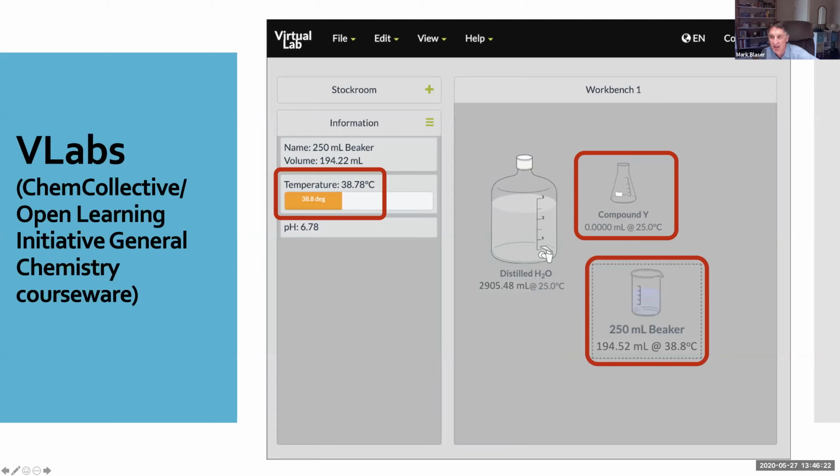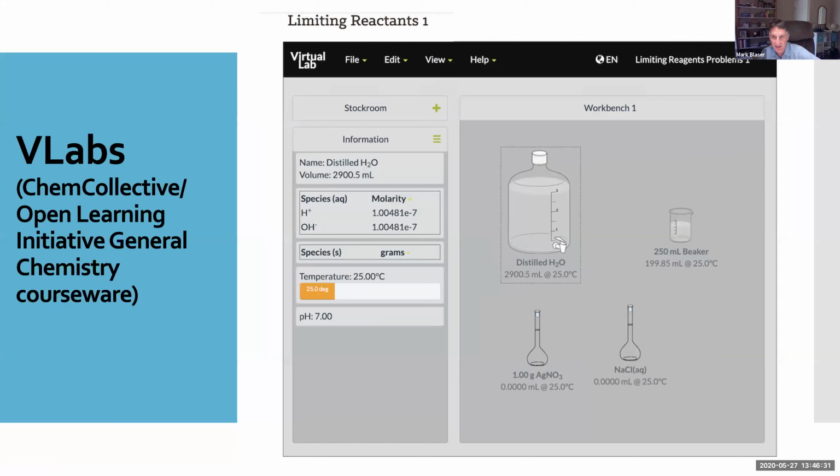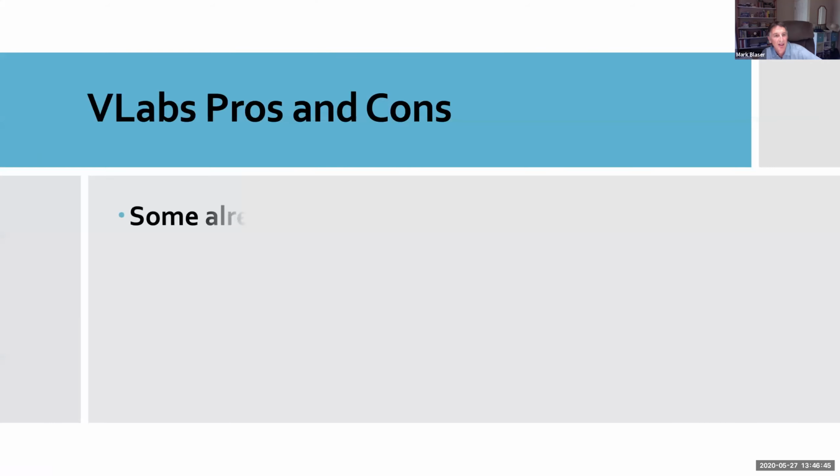Based upon that data, students are asked to find the specific heat of this compound. That's just an example, but of course you can do reactions of aqueous solutions, titrations, dilutions, etc. on this platform.